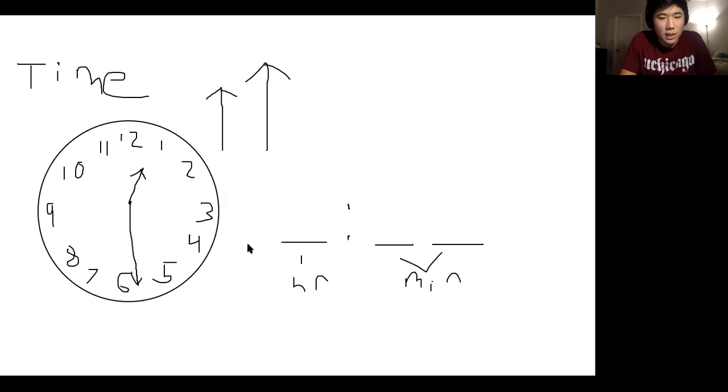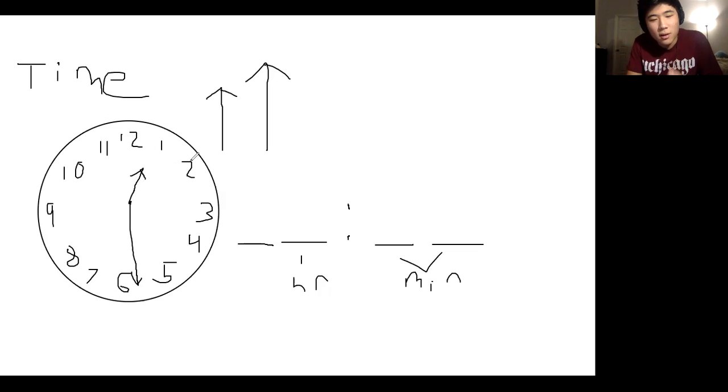So actually, the hour could have 2 digits as well. So the hour is the number that is directly to the left of the hand. So what I mean by that is that you see how this arrow is pointing in between the 12 and the 1?